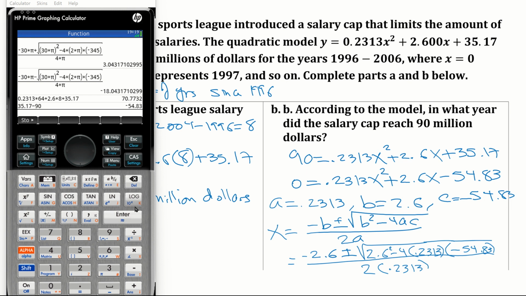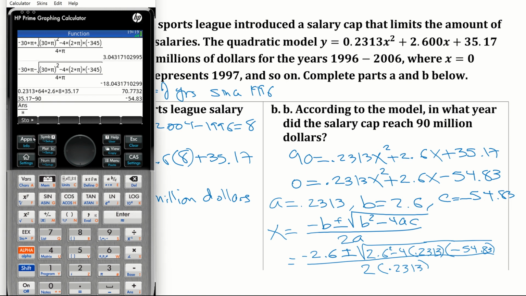So now we're just going to go to our trusted friend here. Remember how we enter that? I start with just hitting the fraction line, and then I'm going to go there and replace the numerator. So negative, oh, don't put that negative, put this one, negative 2.6.